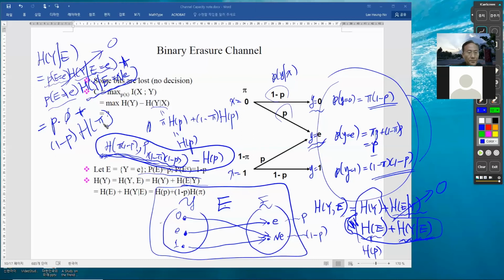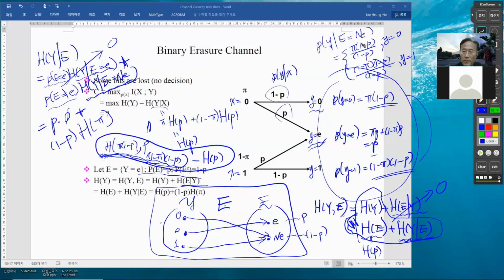Okay, so the conditional distribution P(Y|E not equal to e) is equal to: when Y is equal to 0, that is pi times (1 minus p), divided by 1 minus p, and 1 minus pi times (1 minus p), divided by 1 minus p, when Y is equal to 1.